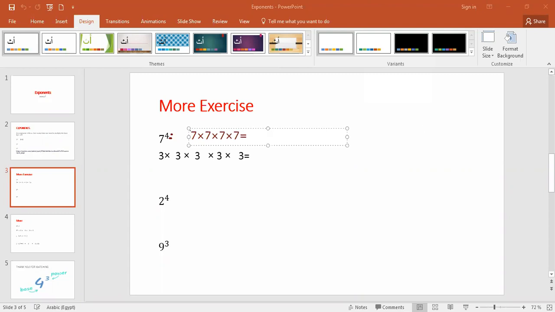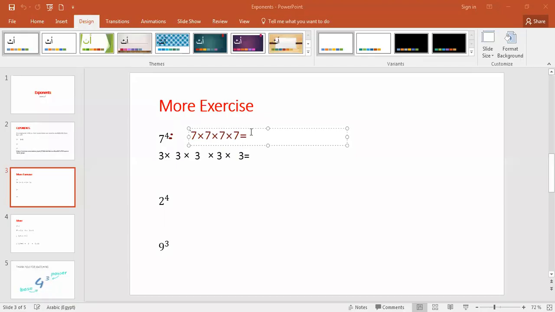Okay, so the product will be: 7 times 7 is equal to 49, and 7 times 7 is equal to 49. 49 times 49 is equal to 2401.